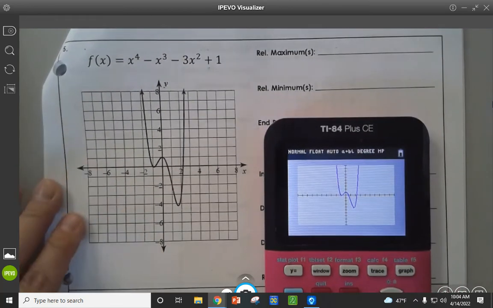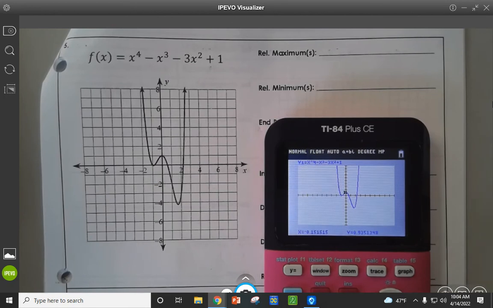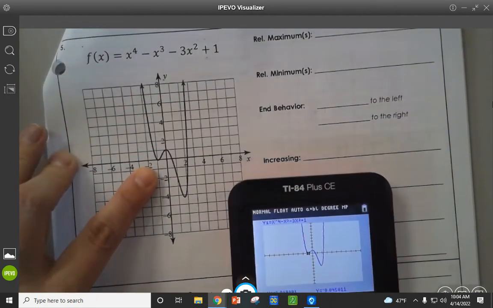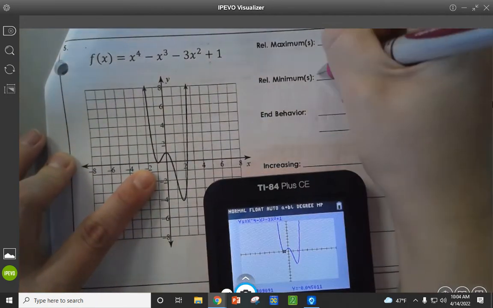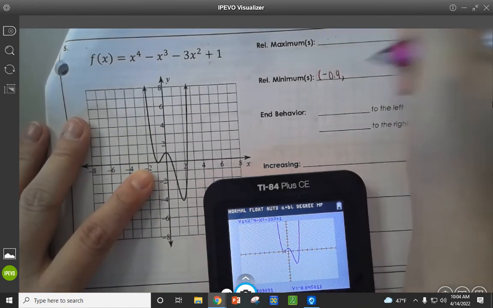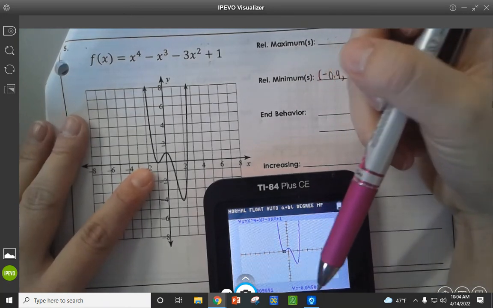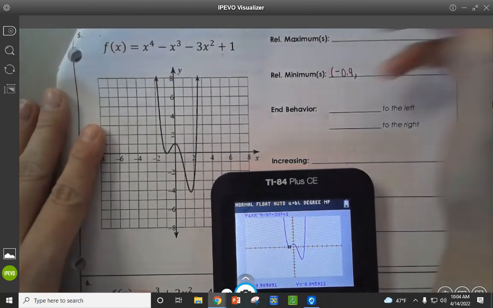We're going to start with the maximums and minimums. So what calculator button do I need to push to get that? Trace. And rounding to 1 decimal place is fine. So this first one is a minimum. It's the point negative 0.9. Now this negative 0.04 really just rounds to 0.